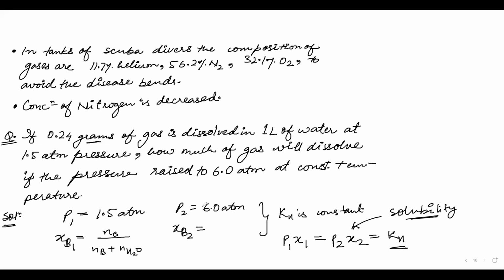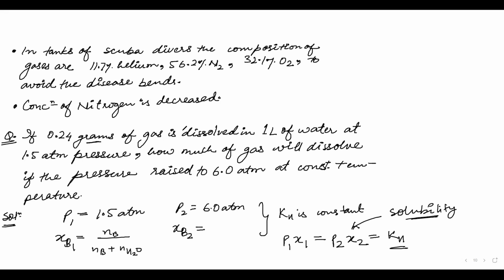Did you get the answer? Sir, the amount of this nB is same, right? No, you don't have to take exactly. See, the statement of Henry's law was the solubility will increase if we increase the pressure. Solubility is nothing but concentration.